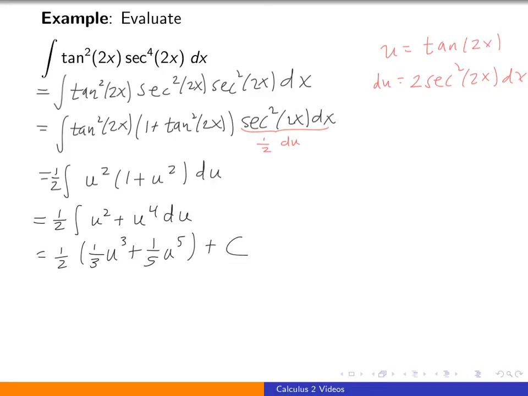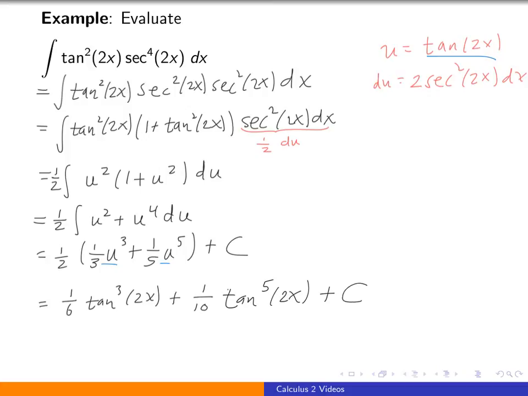And our last step is to simply resubstitute each u is equal to tangent of 2x. So distributing the 1/2 at the same time, we have 1/6 tangent cubed of 2x plus 1/10 tangent to the 5th power 2x plus c.